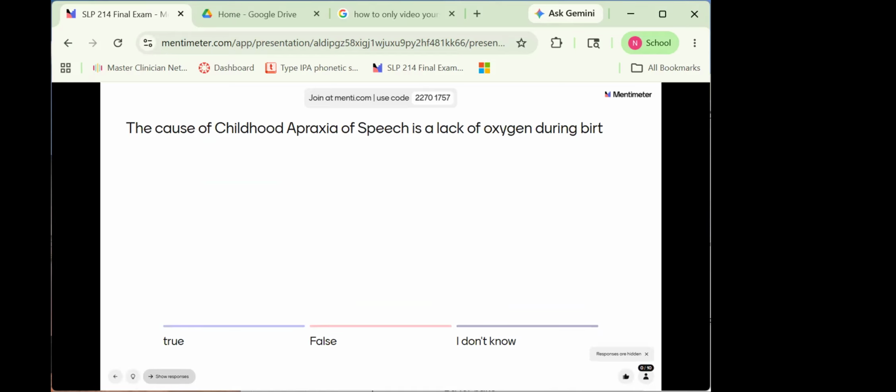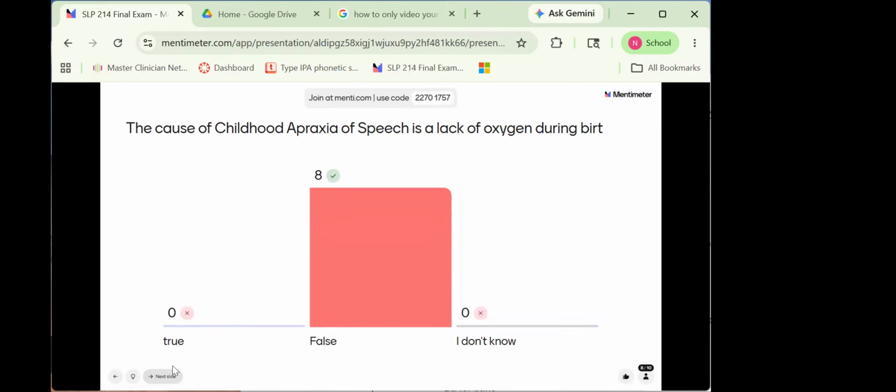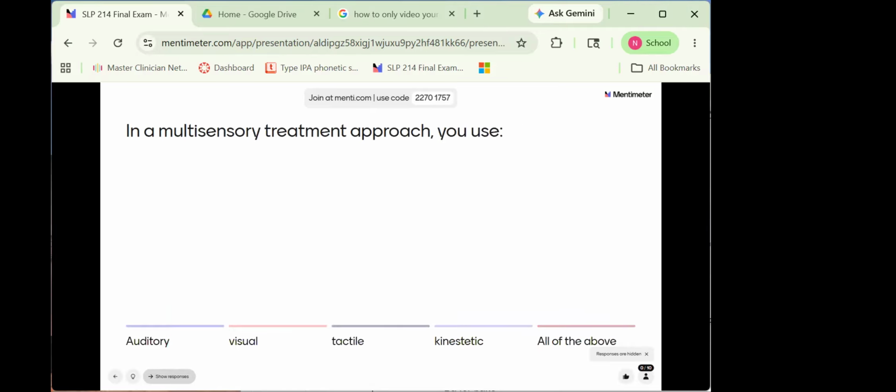The cause of childhood apraxia of speech is a lack of oxygen during birth. True or false? False. False is correct on this one. Remembering that the cause of childhood apraxia of speech is unknown.